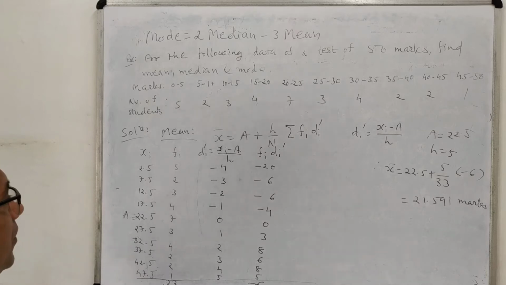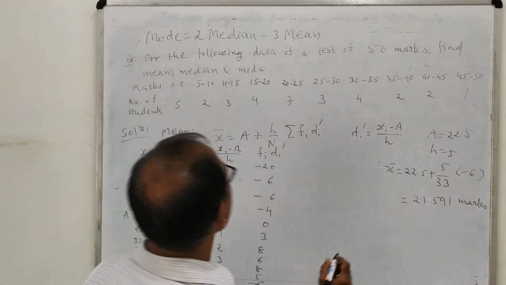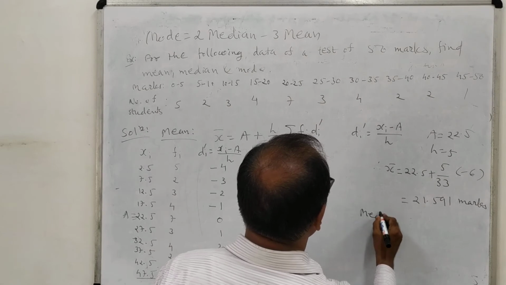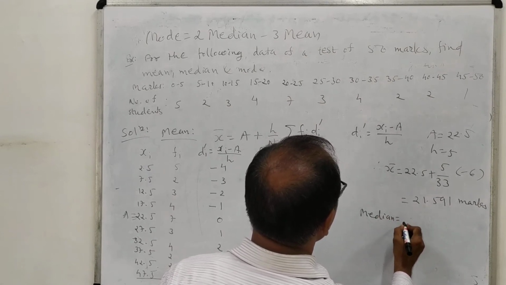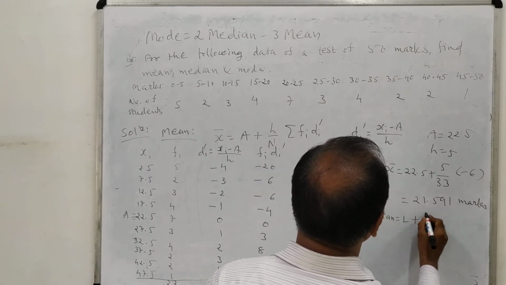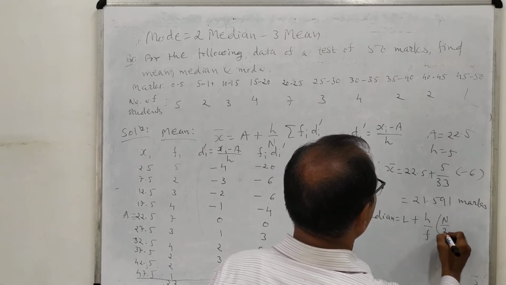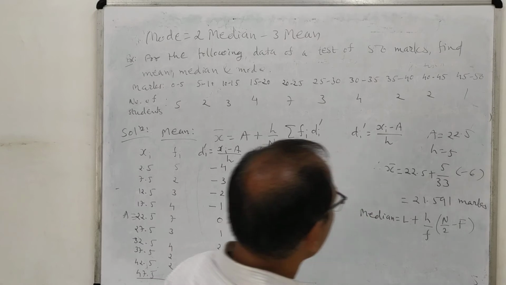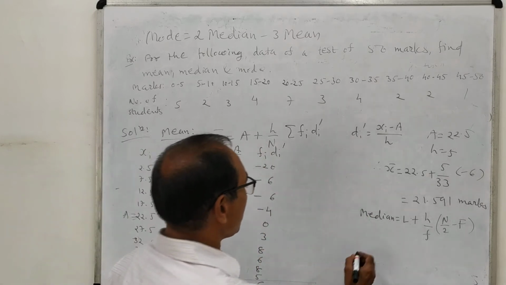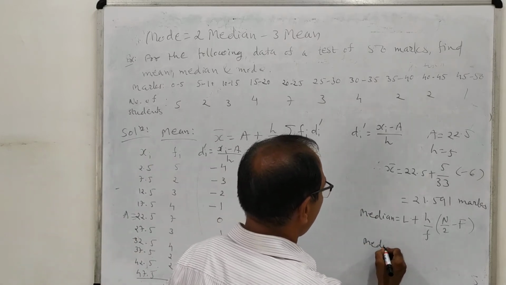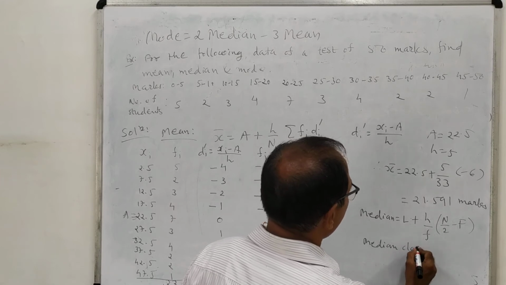That means arithmetic mean. Now we will find the median. For grouped data, we have already seen the formula: capital L plus h upon f into (capital N by 2 minus capital F). So how were we finding it? First we find the median class.